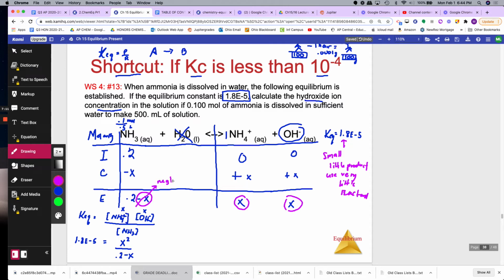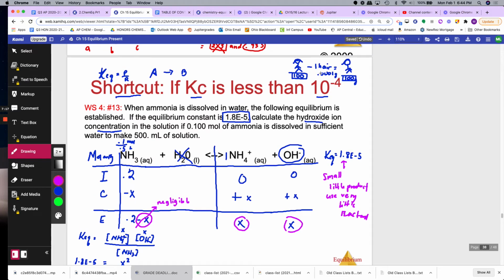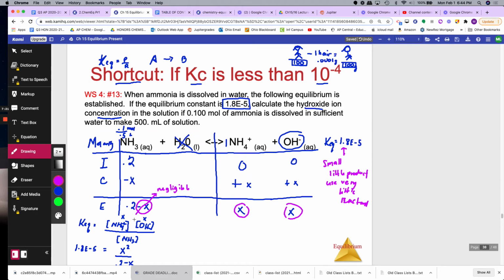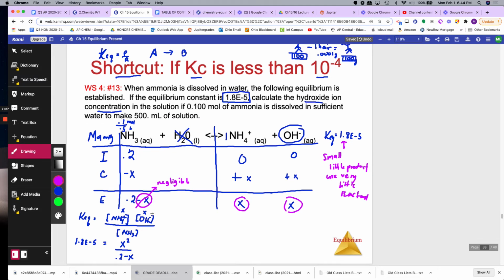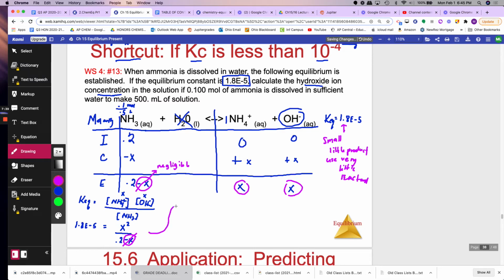It's the same analogy as you weigh yourself, you're 100 pounds minus the hair, which is very small, you're still 100 pounds. It starts at 0.2 molar ammonia minus something very, very small. It's still going to be 0.2 in the end. Therefore, in this equation, this minus x can be negligible to 0. So now your equation is very simple. You do not have to use the quadratic equation.